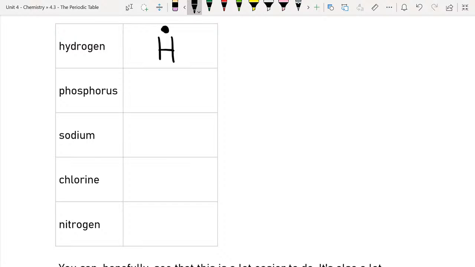Cool. It's third row, 7. So we draw 7 dots.